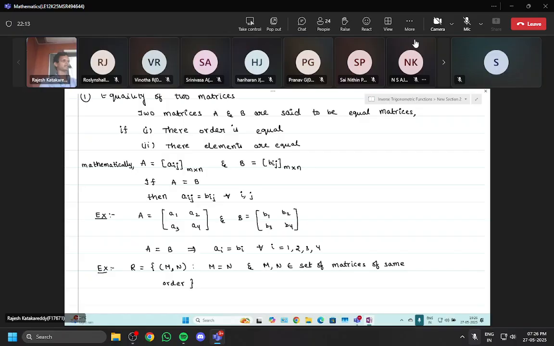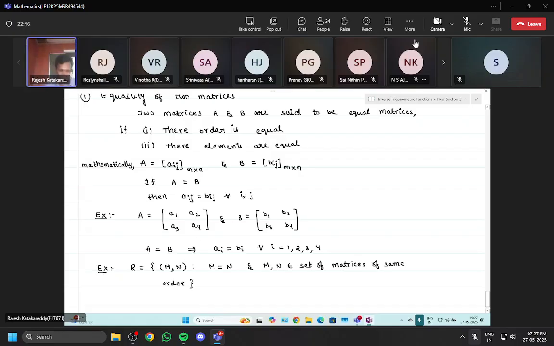Identity relation. Equivalence sounds correct to me. Right? So we can say here like M is related to M. Replace N with M. You will have M is related to M, that is reflexive. If M is equal to N, then that is symmetric. If M is equal to N is equal to some other variable, you can take maybe O, M is also equal to O. This is transitive. Clear?